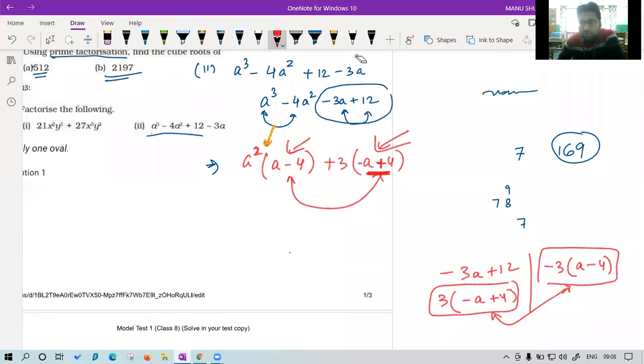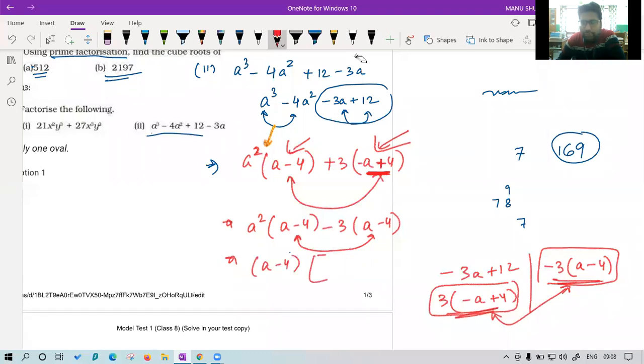So class, we have got either this way or this way. So class, let's take negative common from the second term. It becomes a minus 4. Now, if you see, these two are common. So a minus 4 is common, and in the bracket we will get a square minus 3.